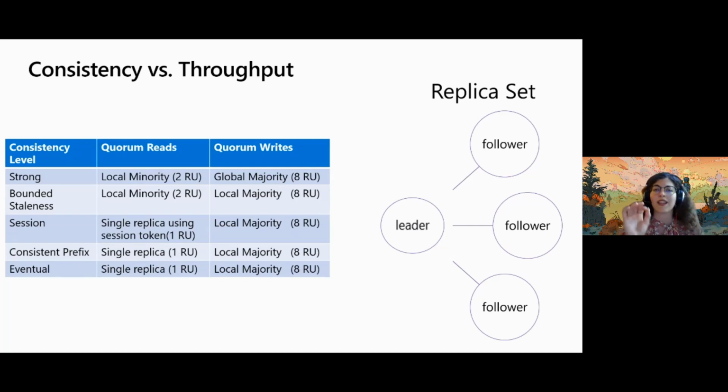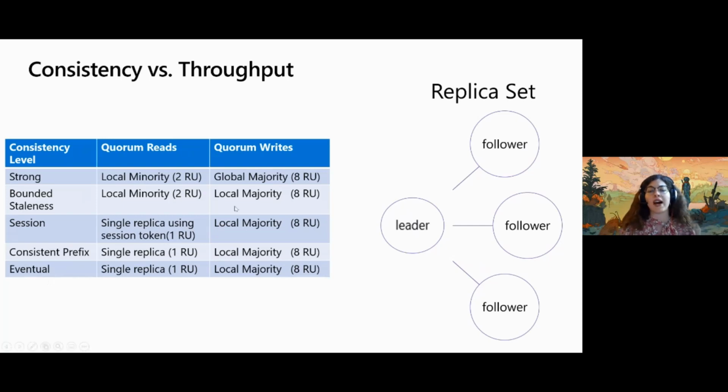This means that I'm touching 2 nodes and this read costs 2 request units. For the session, consistent prefix and eventual consistency models, the same read would cost 1 request unit.